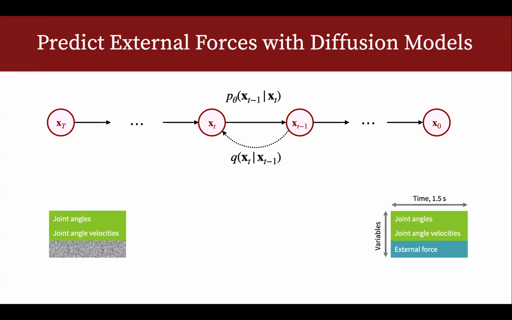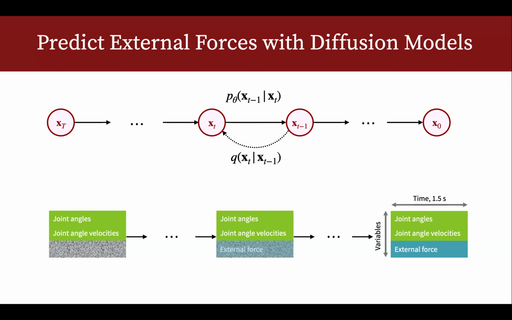And I'm trying to learn a diffusion model that can generate this image from noise. When I really use it, I use it in an in-painting way. Oftentimes I have the joint angle velocity because that's what a mocap system can give me, but I don't have external forces. So I force the learned diffusion model to give me that by coming up with paired external forces.